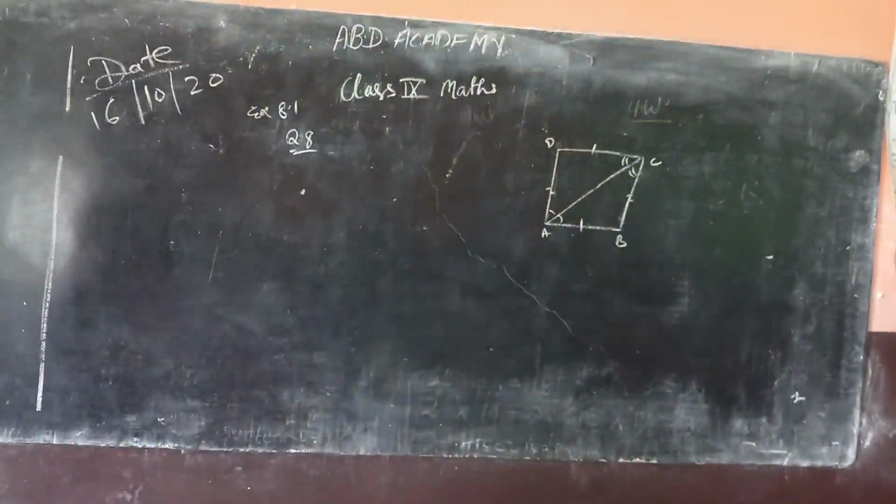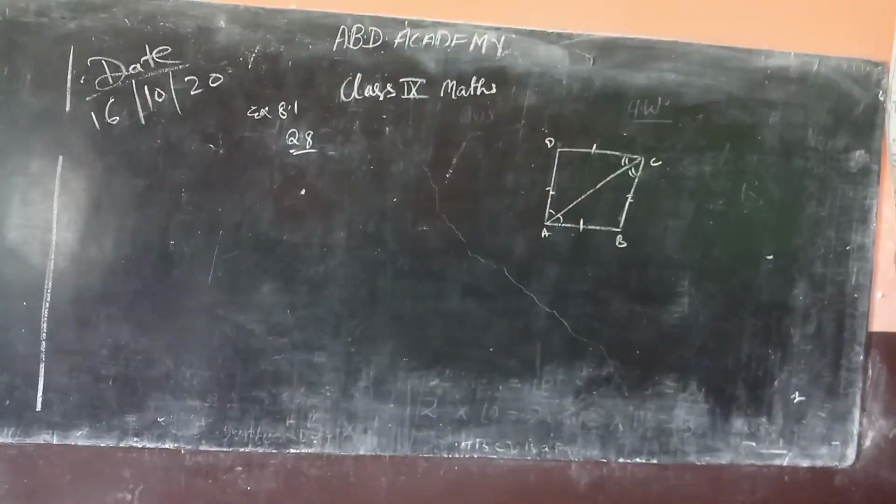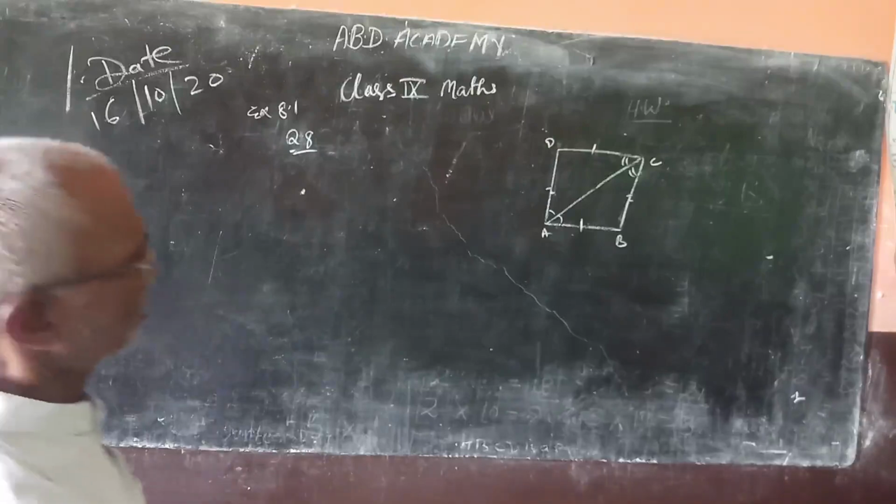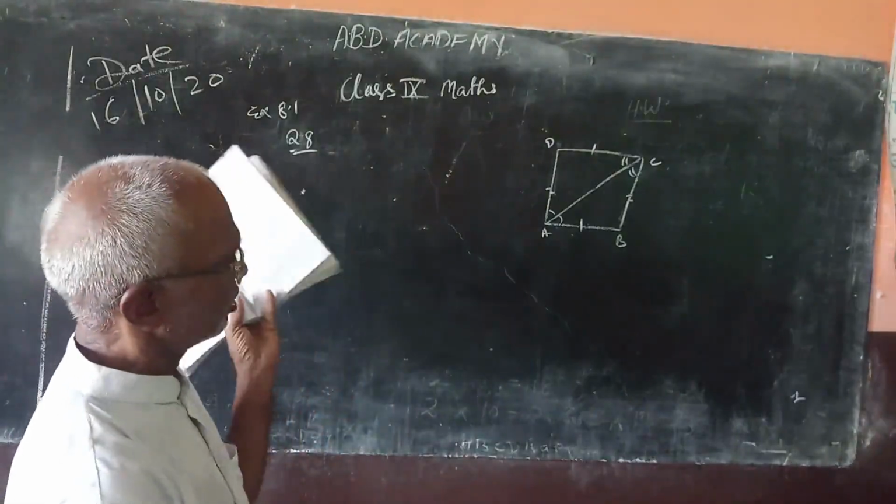It means AC divides angle A into two parts which are given equal, and AC divides angle C into two parts, they are also equal.